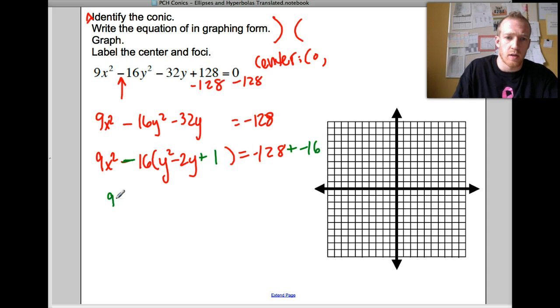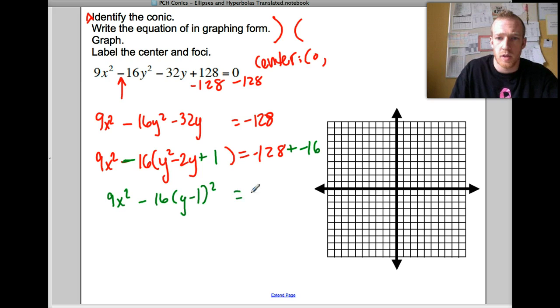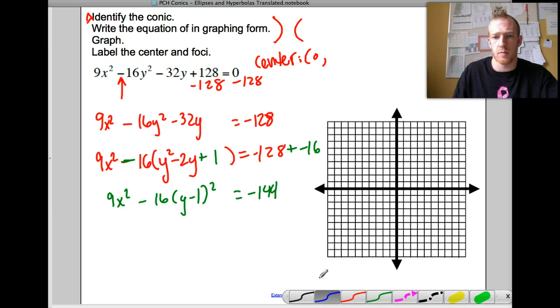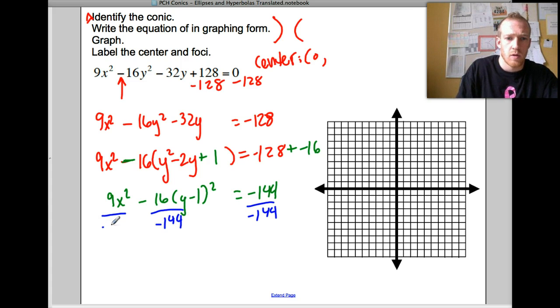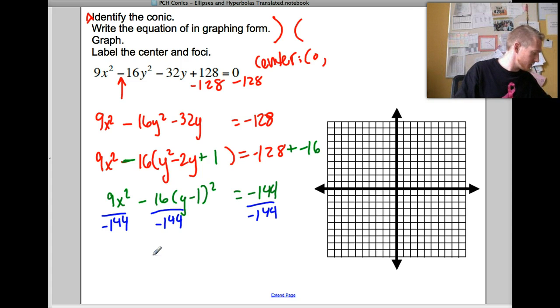So the negative 16 times 1, got to add a negative 16 to both sides. So that gives me a 9x squared minus 16 times y minus 1 squared equals 128 minus 16, which is negative 144. So now I divide everything by the negative 144. And that gives me 144 divided by 9.